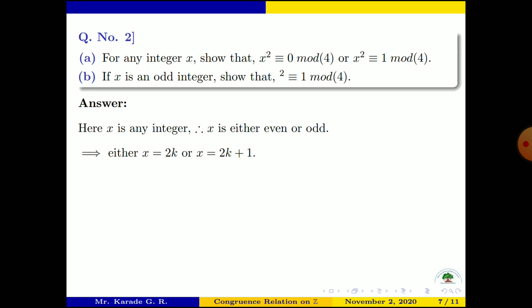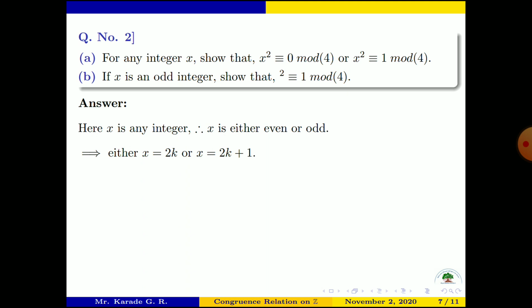So either x is equal to 2k or x is equal to 2k plus 1 for some integer k, because all odd numbers are in this format, 2k plus 1, where k is an integer.